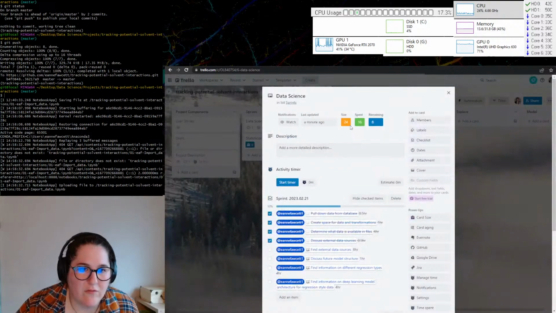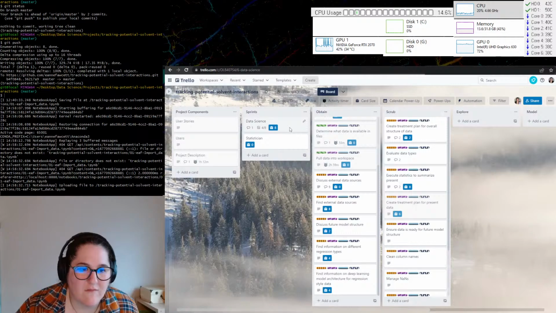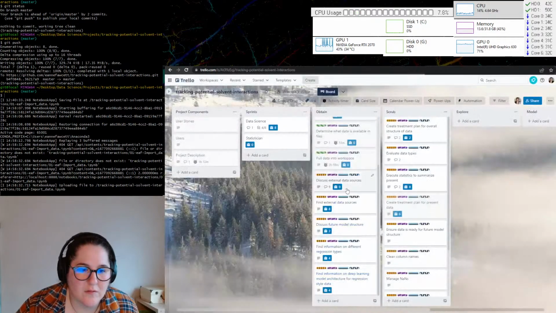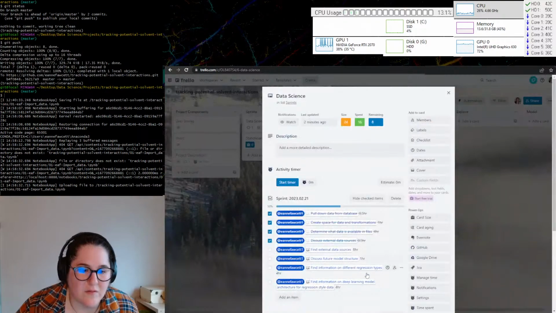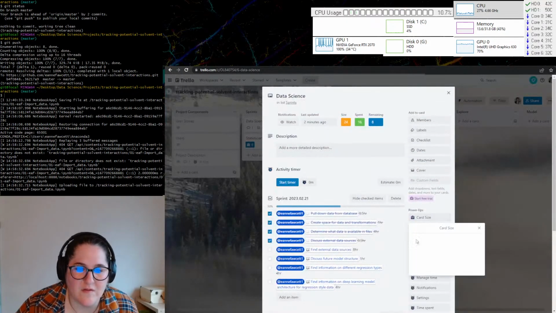Then I said we're not going to do 2, but find information, we're going to add that one. So this just needs 4 more story points. That's what I was trying to figure out.